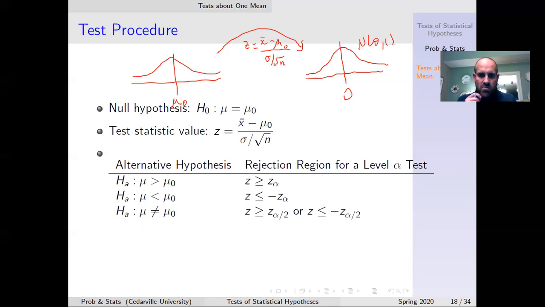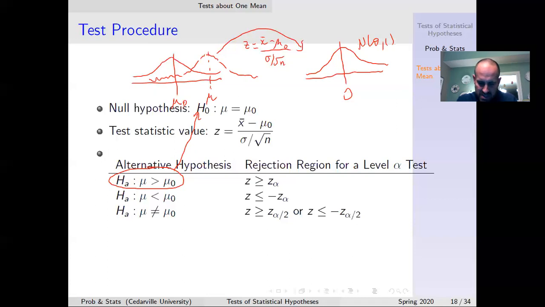So if I was in the first situation right here, mu greater than mu0, and mu really was greater than mu0, maybe mu was up here, then I know that the true bell shape is probably more like this.